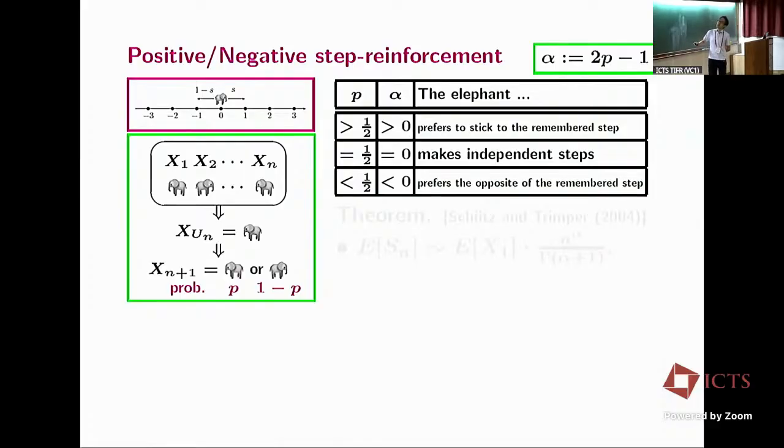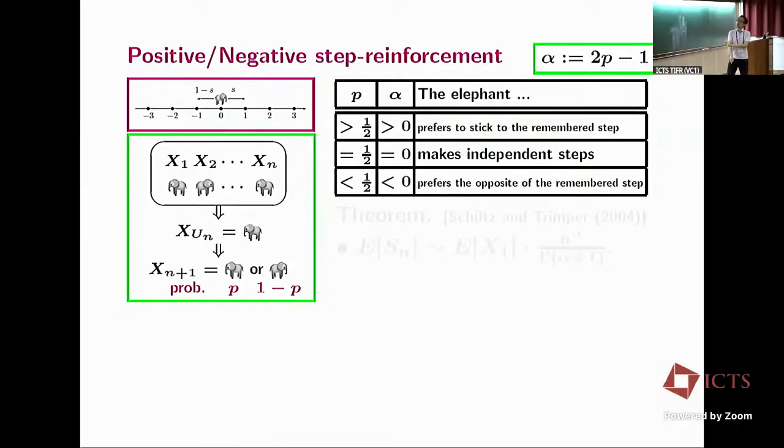To state further properties of this random walk, it is convenient to use this parameter alpha. For example, the expectation of the position is like this.